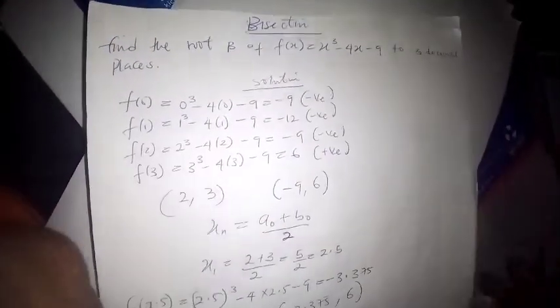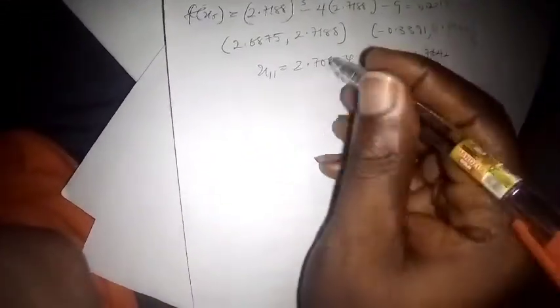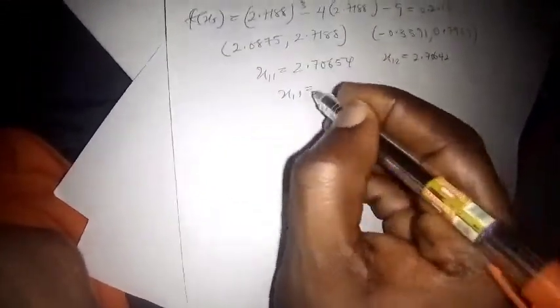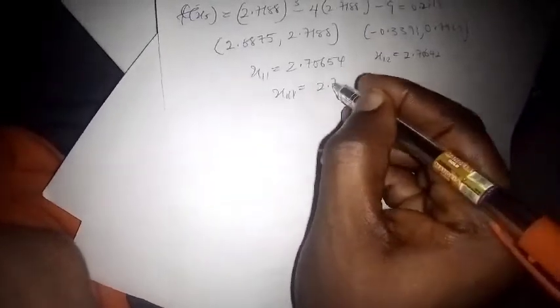The question said convert to 3 decimal places. Now x11 will be equal to 2.707, and x12 will be equal to 2.706.